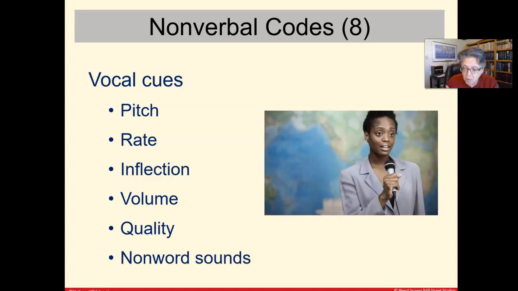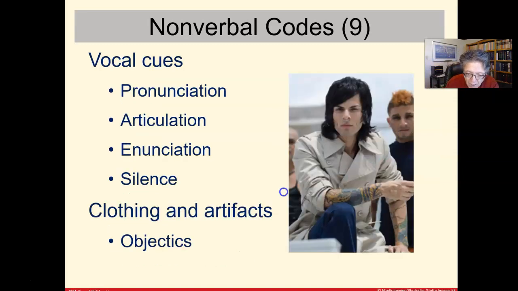It seems to me that when we are nervous, we tend to speak a little faster than when we are confident. Inflection, how we emphasize certain words or certain syllables in words as we speak. Use of volume, use of quality of our voice, as well as the use of non-word sounds.